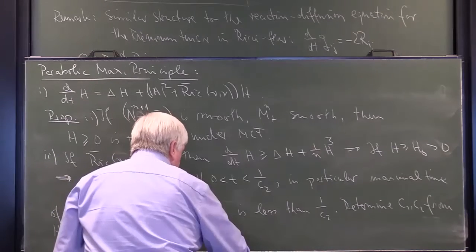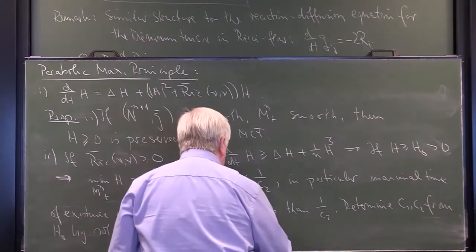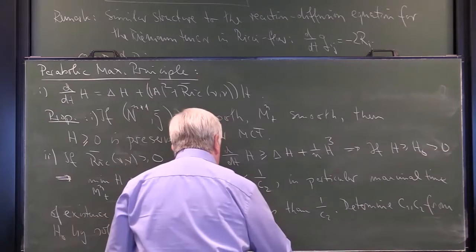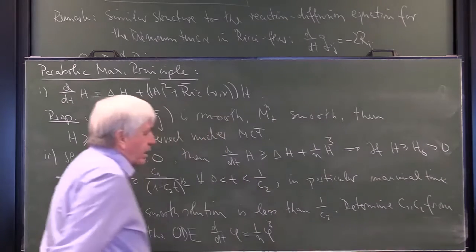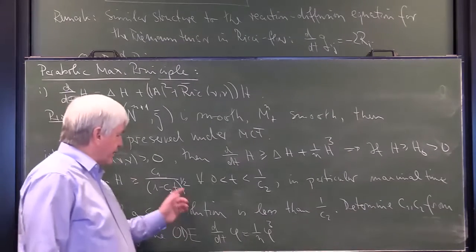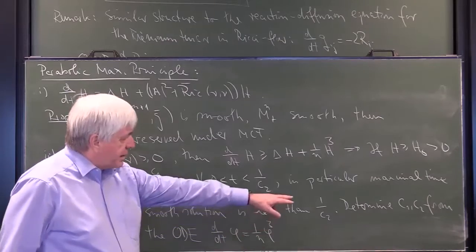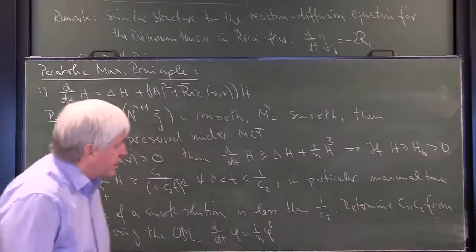d/dt of phi equals 1 over n times phi cubed. Well, it also depends on n, of course, right? So this time will be something like 1 over h0 squared times some constant depending on n.